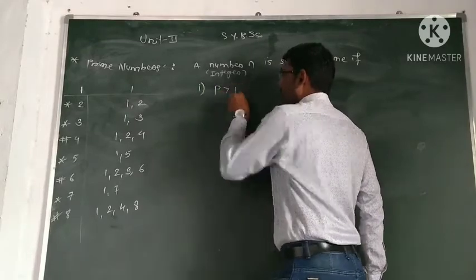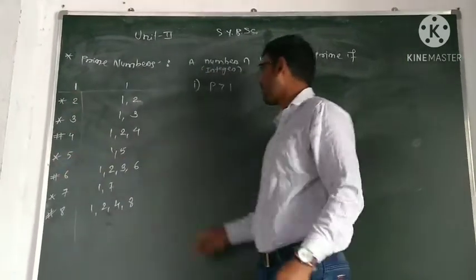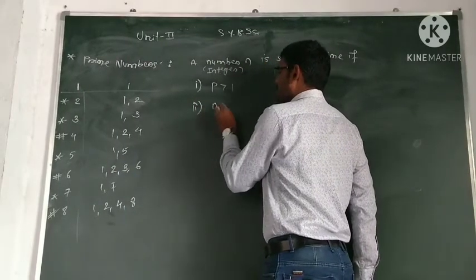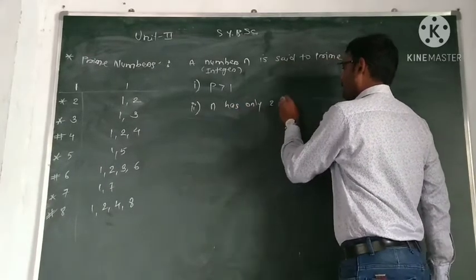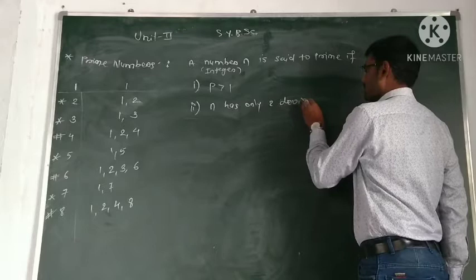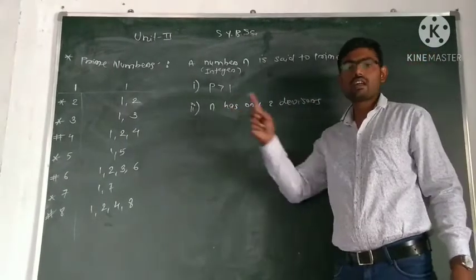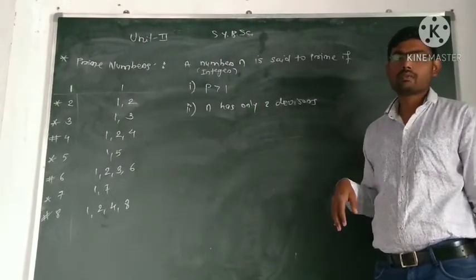One condition is that n must be greater than 1, because prime numbers start from 2, and the second condition is that n has only 2 divisors, and the 2 divisors are the number n itself and 1. Okay, then the number is said to be a prime number.